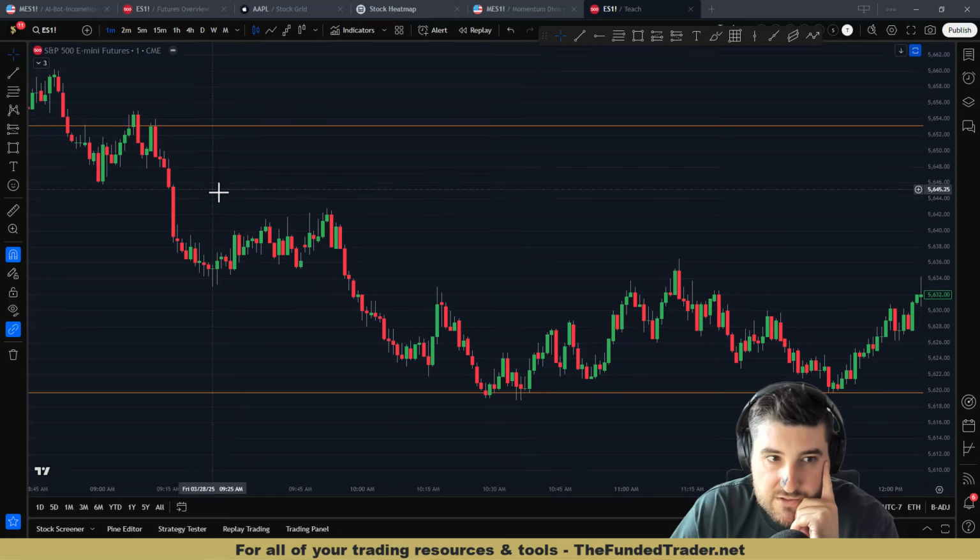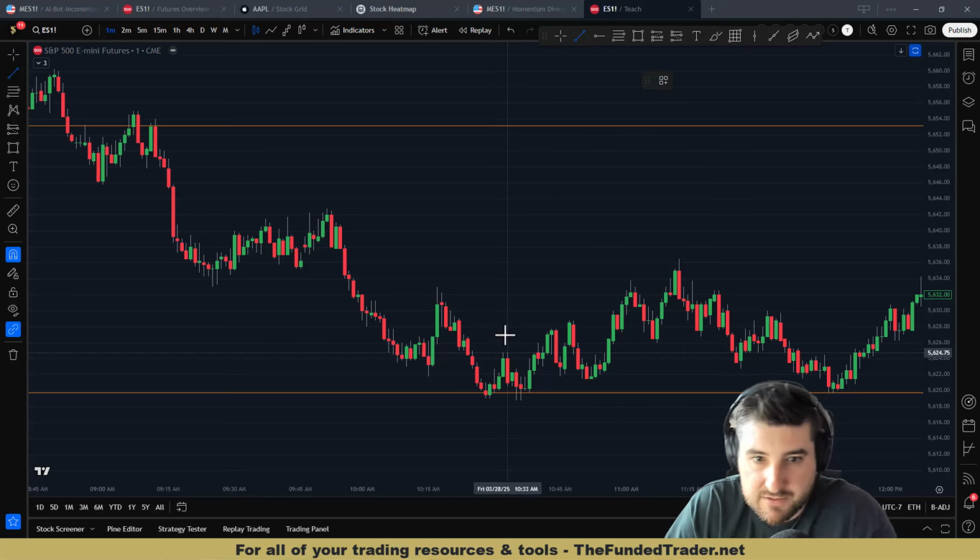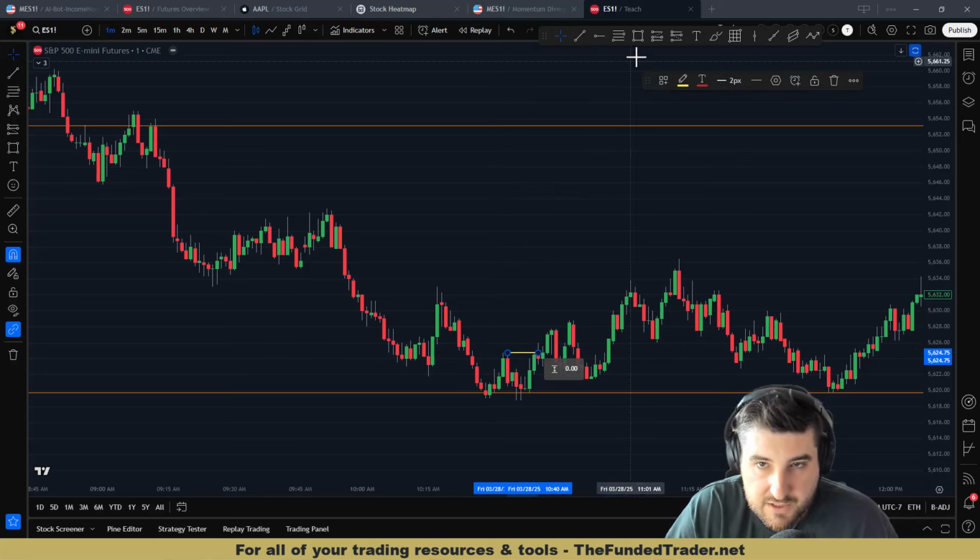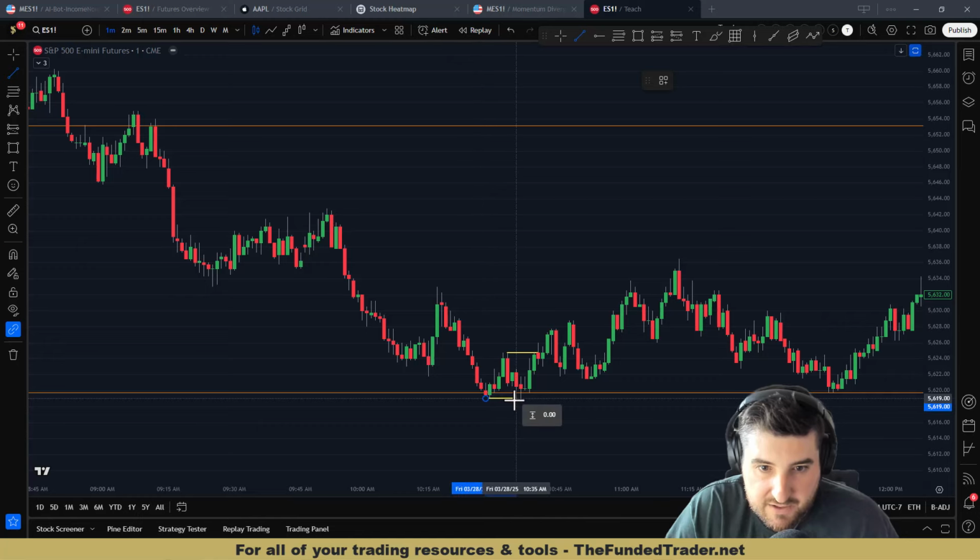Okay, well, we came down here, went to the pivot point, we took liquidity, and then we shifted above this, okay? So not only did we have a stop run, but then we shifted after that stop run.